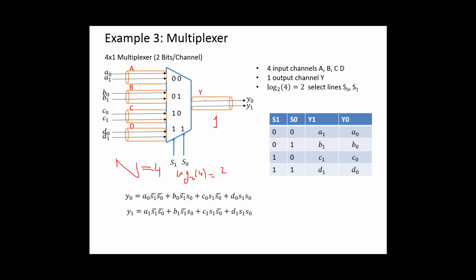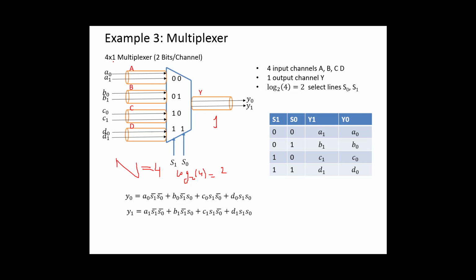In the same way, there are 2 bit lines in the output channel Y, denoted as Y0 and Y1. One thing you should remember is that the number of bits per channel should be the same. It means if all channels are 2 bit channels, the output channel must also comprise 2 bits.